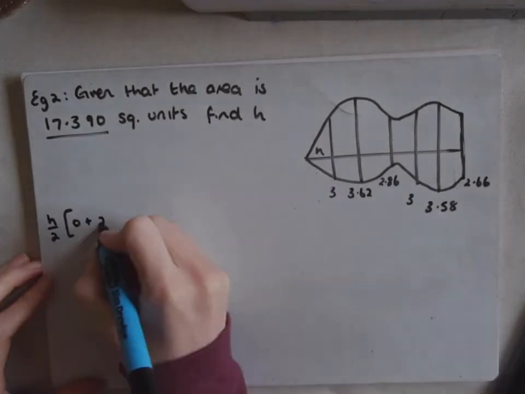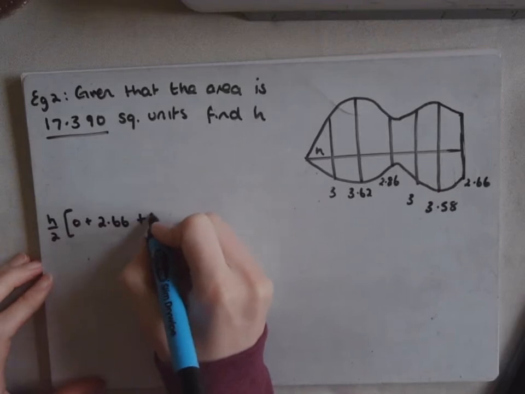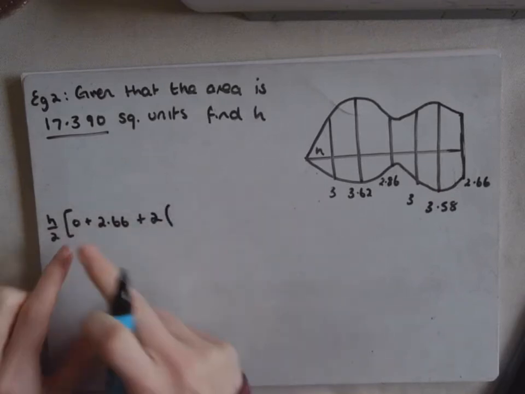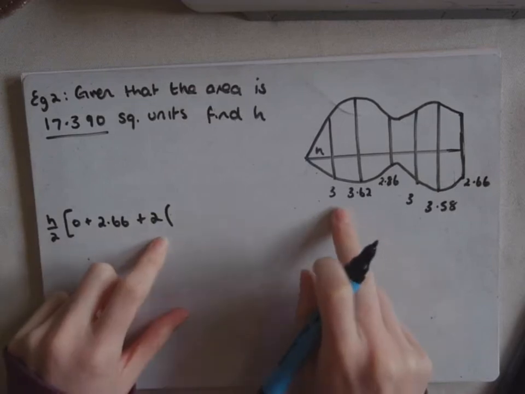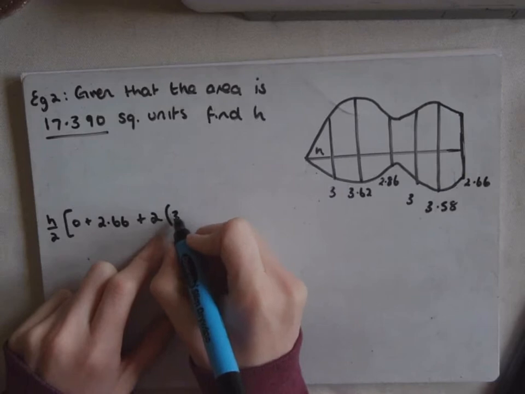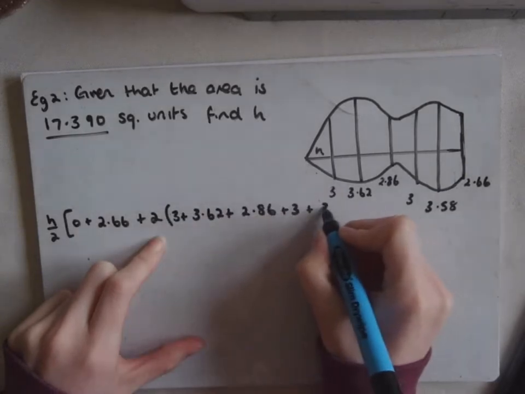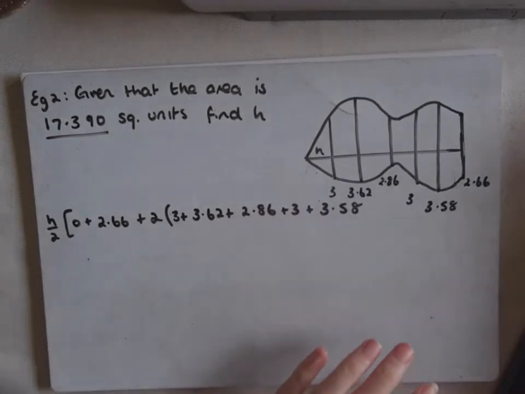So h over 2, first height here is 0, last height here is 2.66, plus 2 times all the others. First plus last plus 2 times all the others: 3 plus 3.62 plus 2.86 plus 3 plus 3.58. Okay, so I'm just going to get rid of them now.